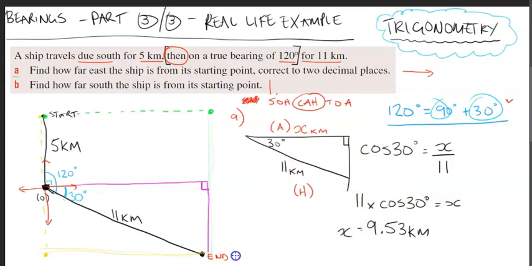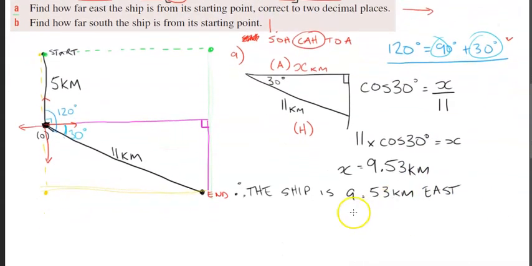Okay, so therefore the ship is 9.53 kilometers east from its starting point.